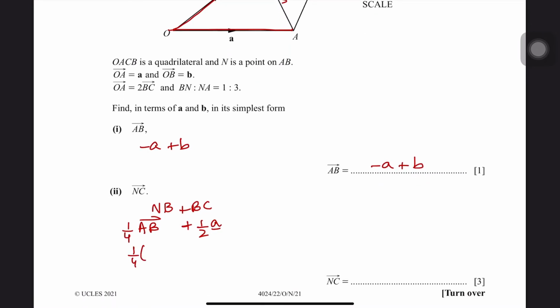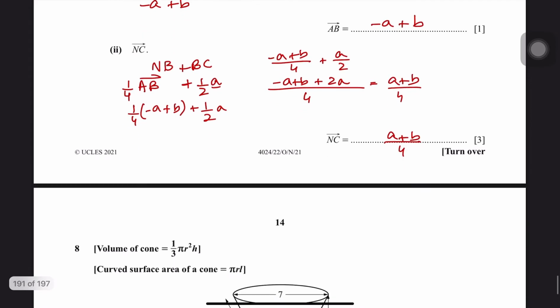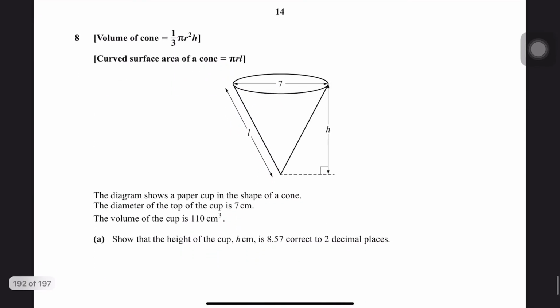So 1/4 of minus a plus b, plus half a. That gives me minus a plus b over 4 plus a over 2. Taking a common denominator gives me, okay.